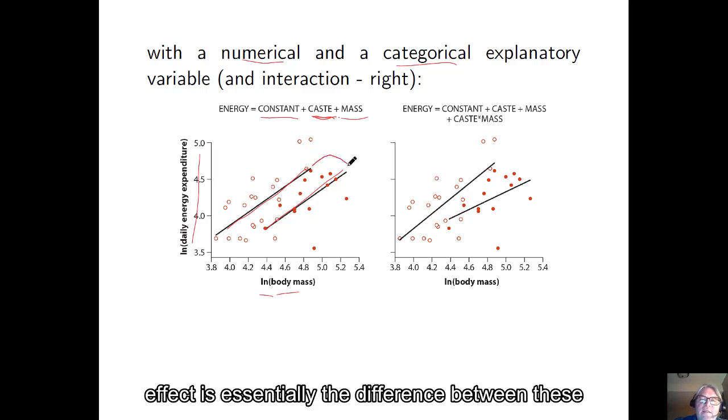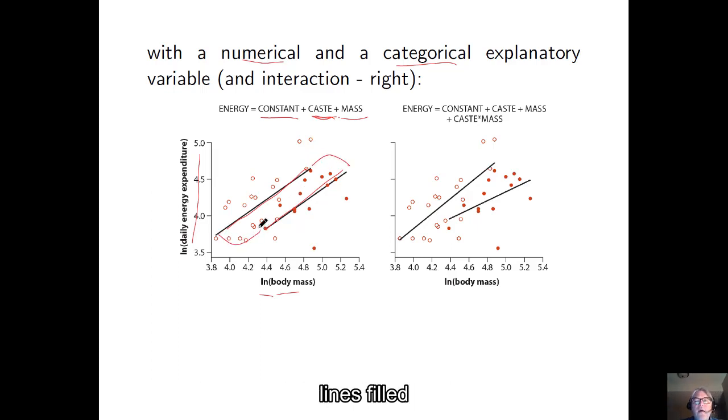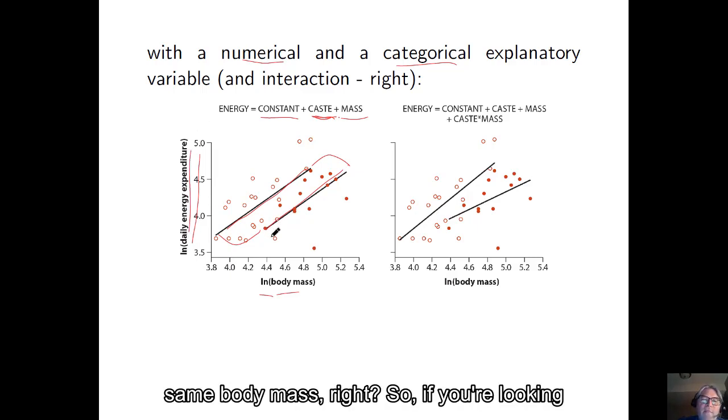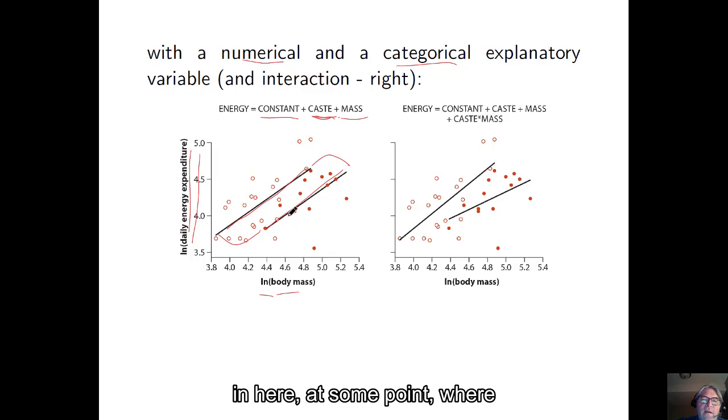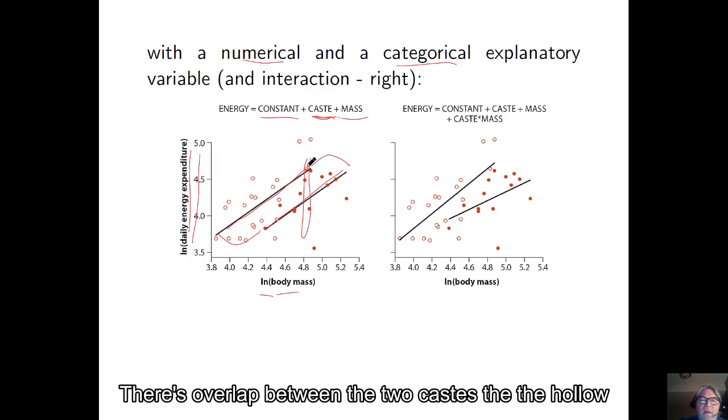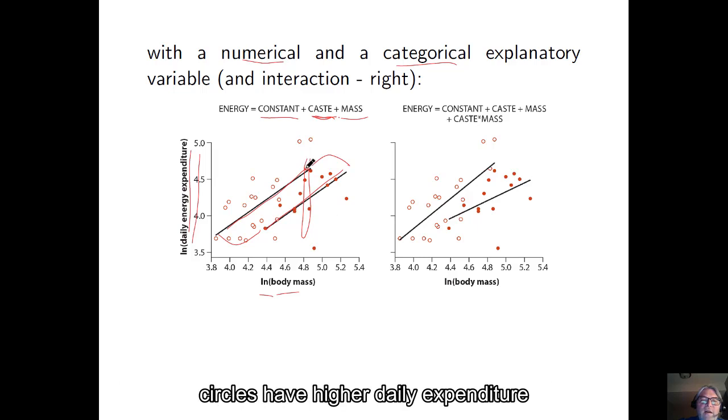So the cast effect is essentially the difference between these lines. The filled in circles seem to have a lower daily expenditure for the same body mass, right? So if you look in here at some point where there's overlap between the 2 casts, the hollow circles have a higher daily expenditure compared to the filled in circles.